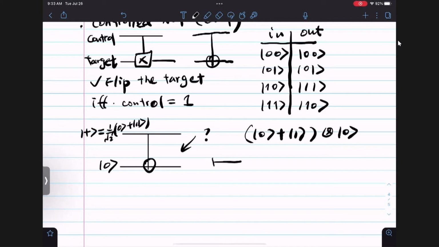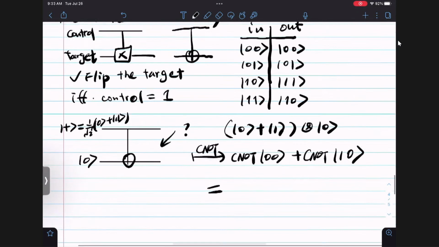And then I want to apply CNOT, right? Now, by linearity, this is going to be CNOT applied to each component, so I have CNOT applied to |00⟩, and then CNOT applied to |10⟩.